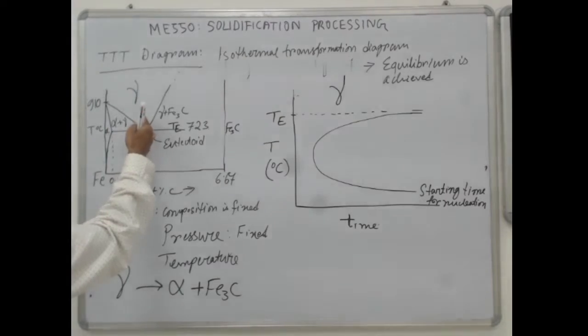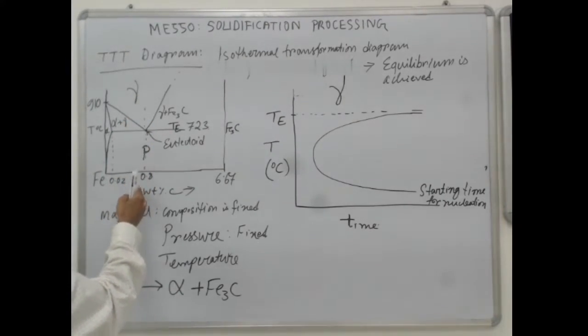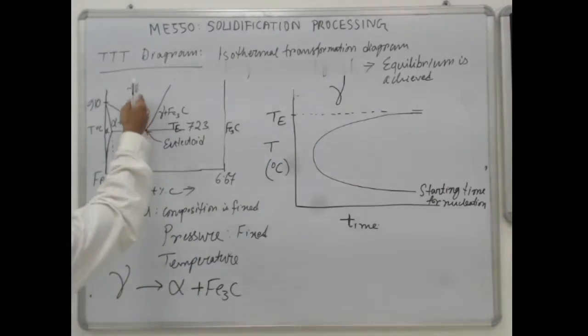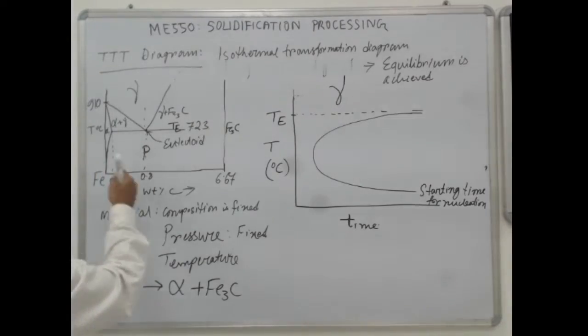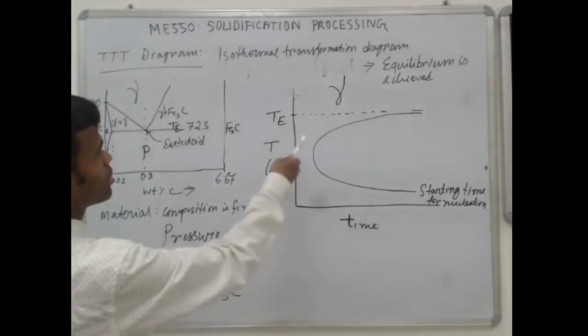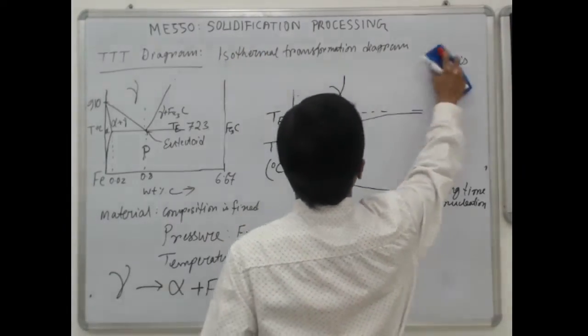It depends on the type of material, that means the composition. Say for example here we are considering 0.8% carbon steel, or eutectoid steel.